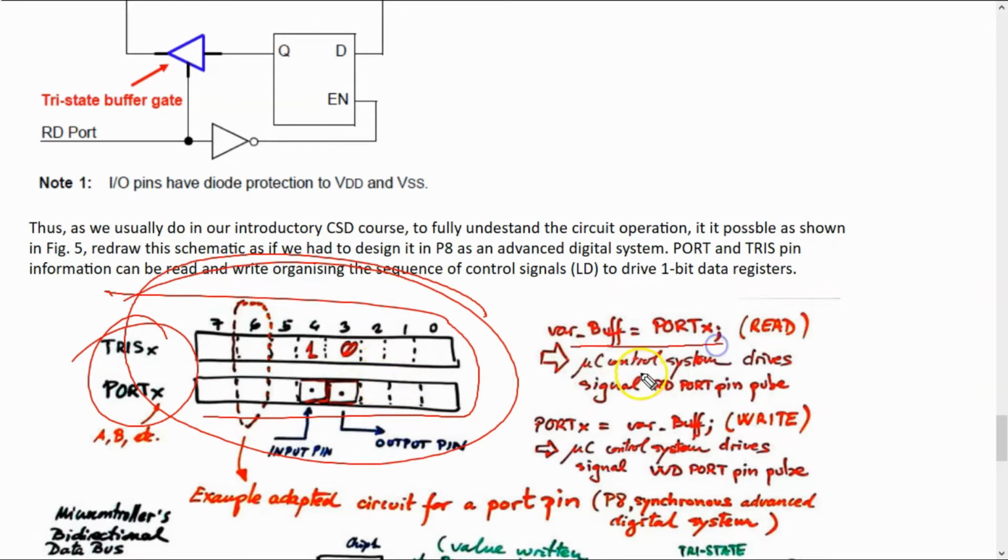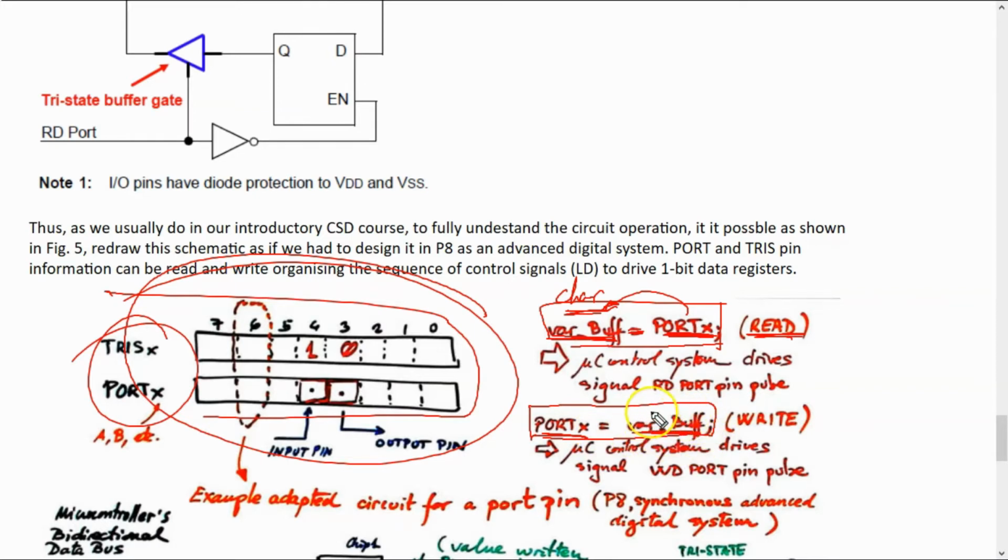Writing, or reading. This is reading. We will read all the port pins in a single instruction, and we will assign the content of the port that has been read to a variable, a RAM variable, for example of type char. This is what we will do, a read operation. Or on the other hand, we will do just the opposite operation. Look at this. The value of the port register is just equal to the variable that is in the RAM.